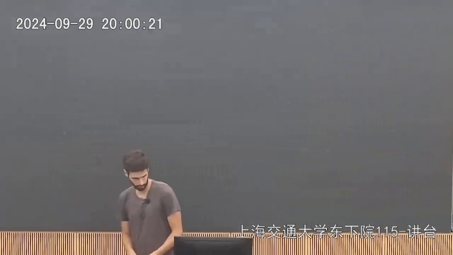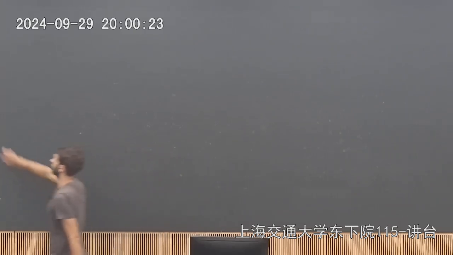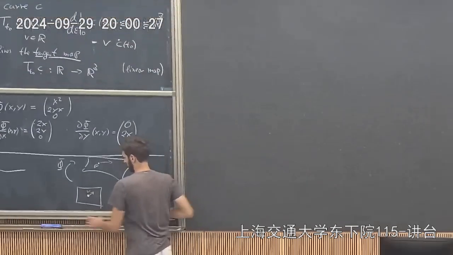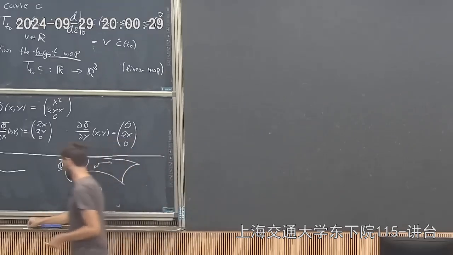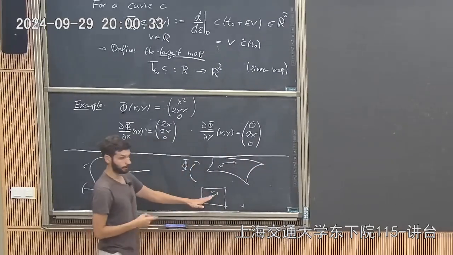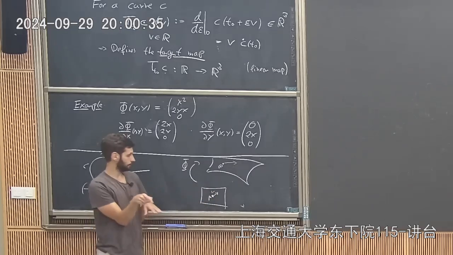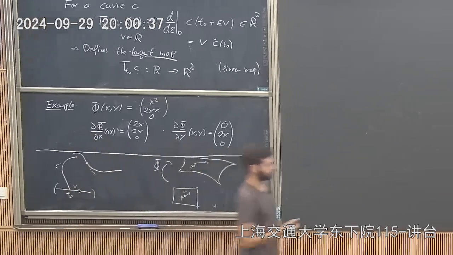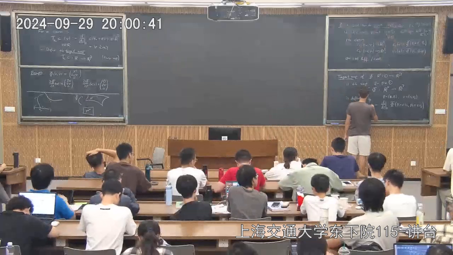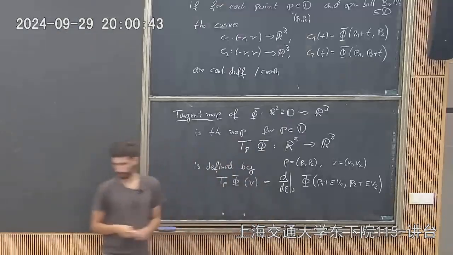So it's really this picture here. You have a point P. You take some vector at that point which gives you some direction. That's this V over here.